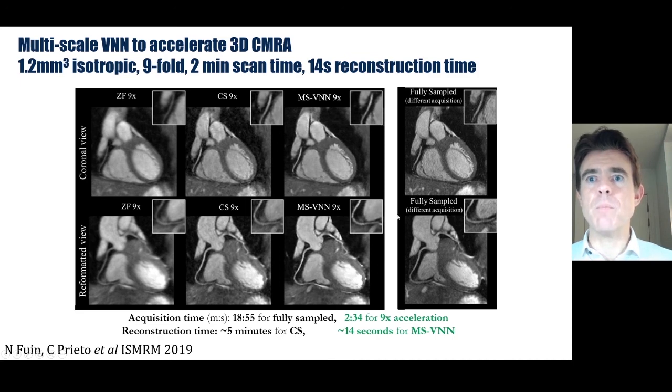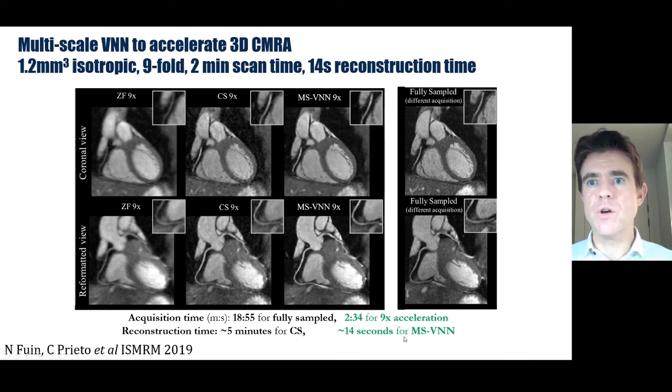And you can see they've got a pretty good image quality compared to the high quality fully sampled reference. And furthermore, this is coming with significant acceleration, so that's only a 2-minute 34 acquisition because they've done 9-fold acceleration there. And they managed to do this reconstruction in only 14 seconds. And so that compares to a much longer acquisition time for the fully sampled data, of course. And it also compares, on the other hand, to a much longer reconstruction had compressed sensing been done for that 9 times accelerated data.